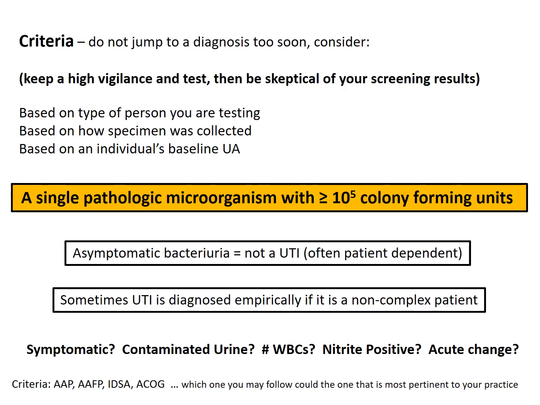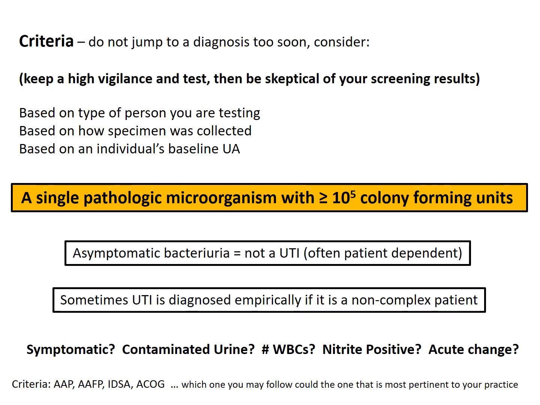You can, in healthy individuals, based on symptoms alone and a dipstick UA, make a diagnosis of a UTI. That's completely reasonable. But you want to be careful in the more complex patients. And the gold standard is single pathologic microorganism growing greater than 10 to the 5th colony forming units.